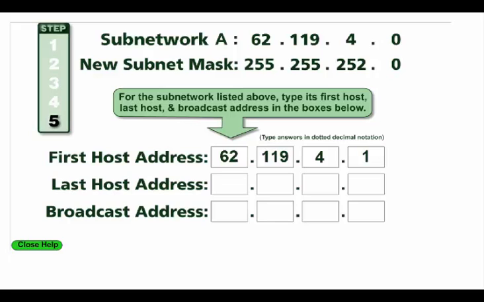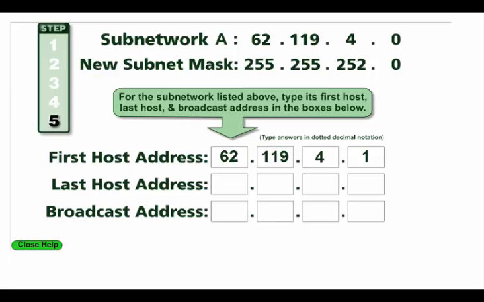The last host address of each subnetwork will be 1 less than the subnetwork's broadcast address, so it's easier if you figure out the broadcast address first. The broadcast address for each subnetwork will be 1 less than the next subnetwork's address. In our current example, subnetwork A is 62.119.4.0, and subnetwork B is 62.119.8.0.